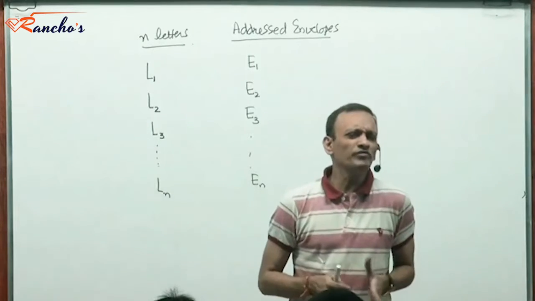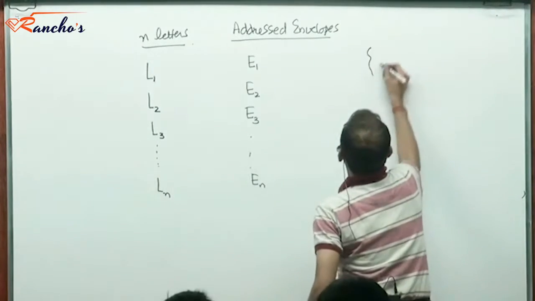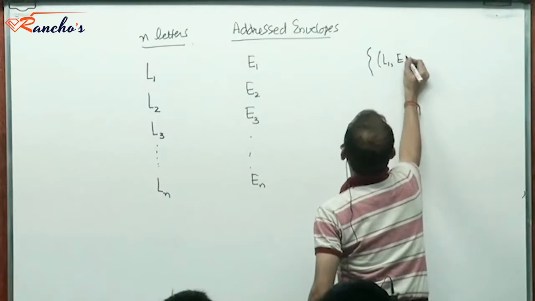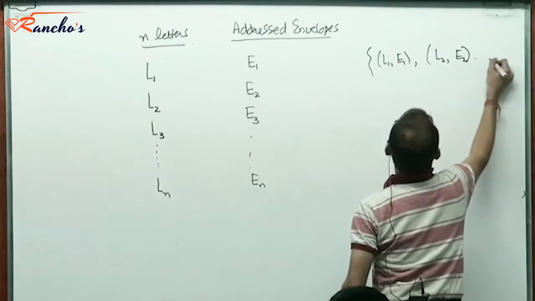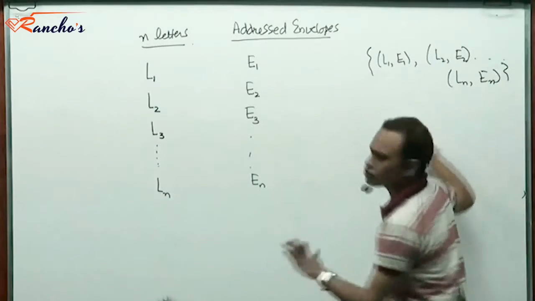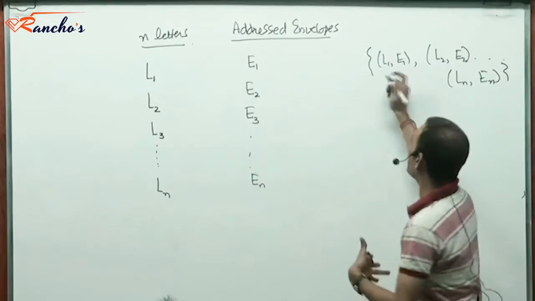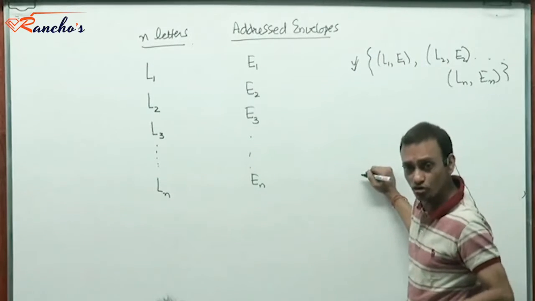Now when I talk of a way of designating letters to envelopes, it is like, say, L1 E1, L2 E2, Ln En. That is one way of designating letters to envelopes. L1 has gone into E1 and this is the right way. Right? This is one way to designate letters to envelopes.